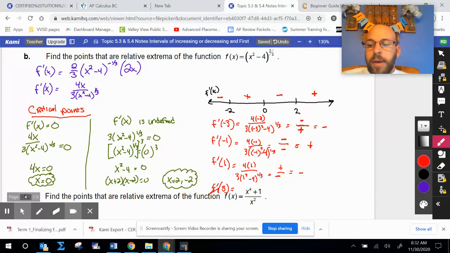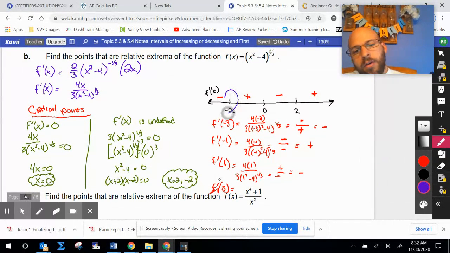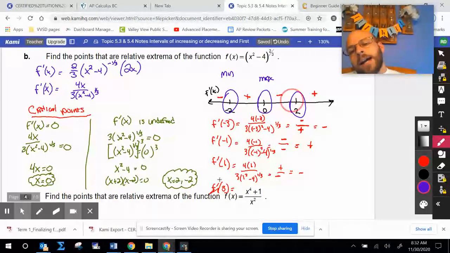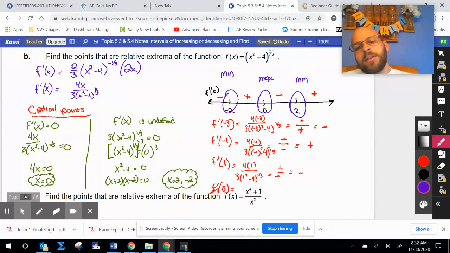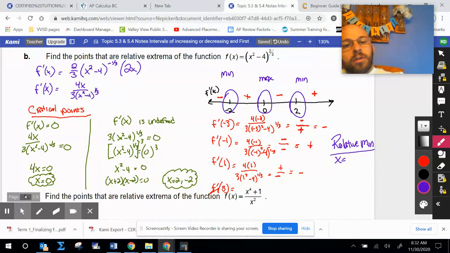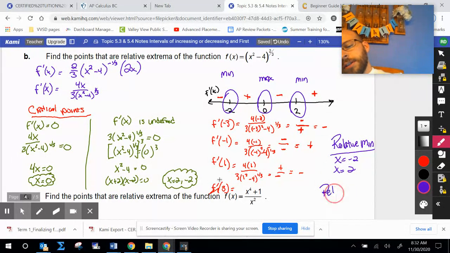Okay, so based on this, I know negative 2 will be a relative min. 0 will be a max because it goes from positive to negative, and then it goes back negative to positive, so I have a second relative min. So I have relative mins at x equals negative 2 and x equals 2, and I have a relative max at x equals 0.